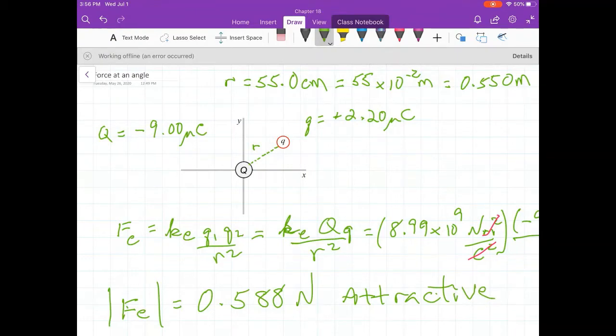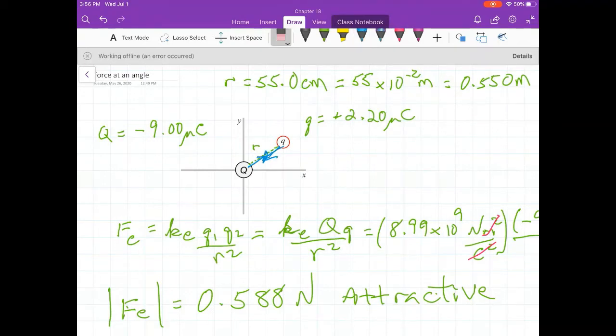That's the magnitude. But we want to find the force components, the x and y components of the vector. So let's first remember, when you have a pair of charges, you'll always have two forces, equal and opposite. This large Q is attracted to the upper right. This red one is attracted to the lower left.